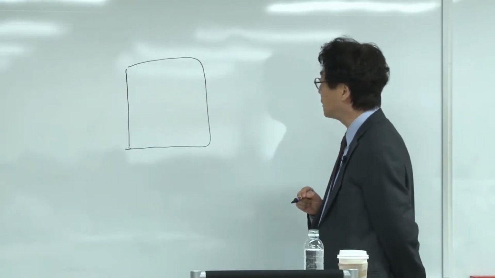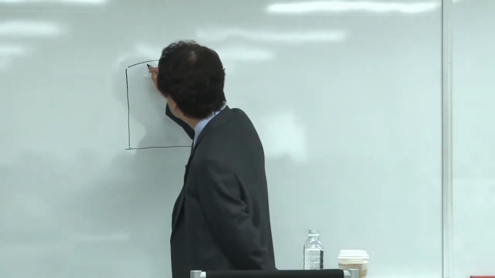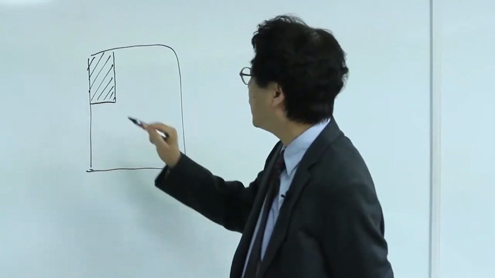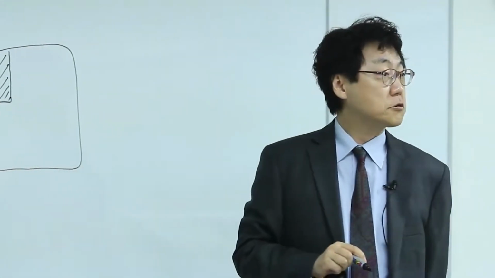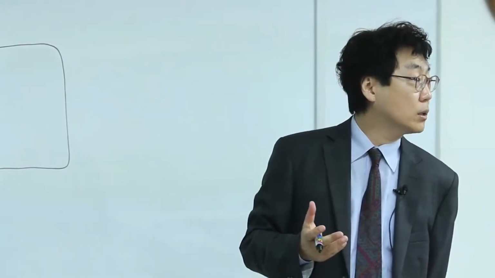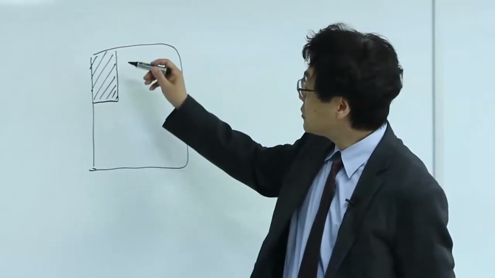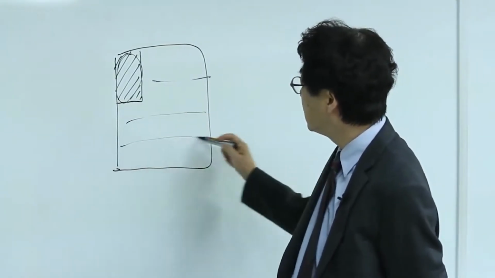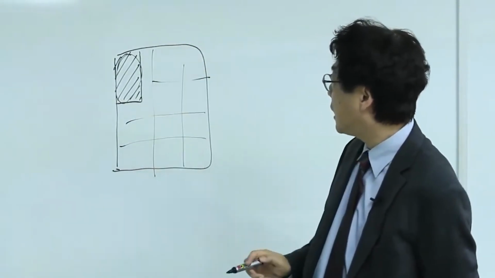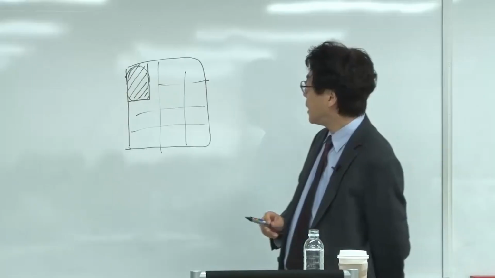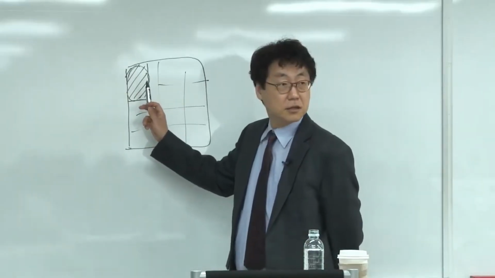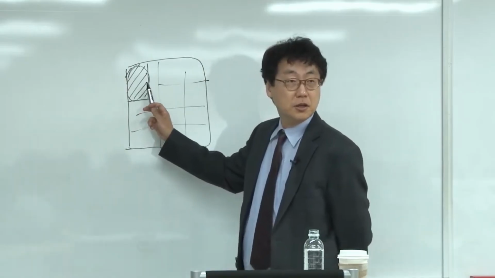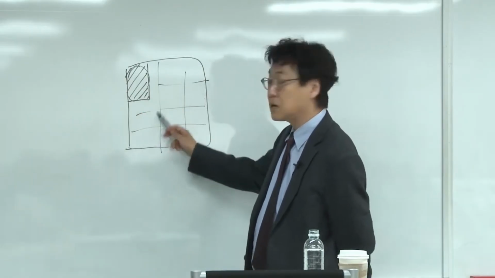A square-looking country. And say this particular region has lots of natural resources, say oil. So this is the oil-producing region. The rest of the country is not. And say that this is the richest, or probably the only rich province, and these are not.